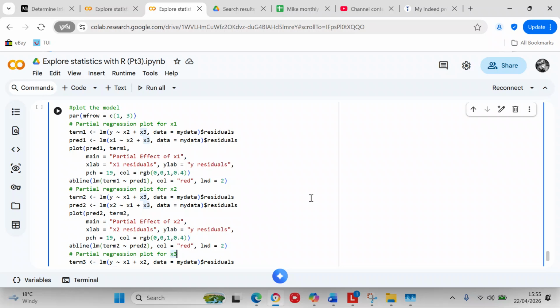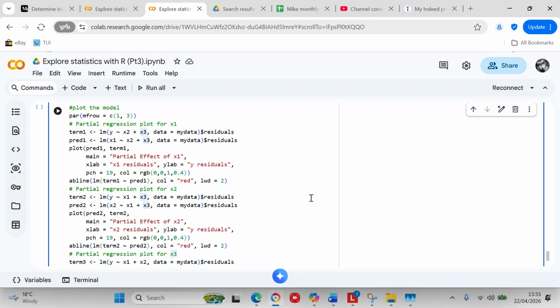And then we're going to plot(pred2, term2). main is the title of the plot, being "Partial effect of x2". xlab equals "x2 residuals", that's the label on the x-axis. ylab, the label on the y-axis, is "y residuals".